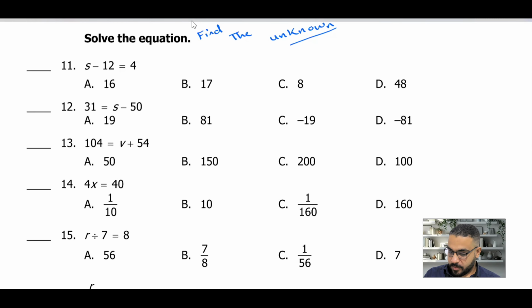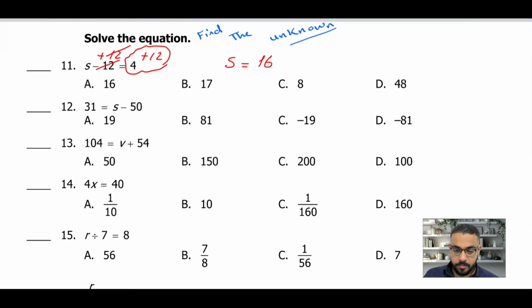So here in question 11, I have subtraction, so I'm going to add positive 12 to the two sides here. To cancel those numbers, I got S, and in the right part, 12 plus 4 is 16.